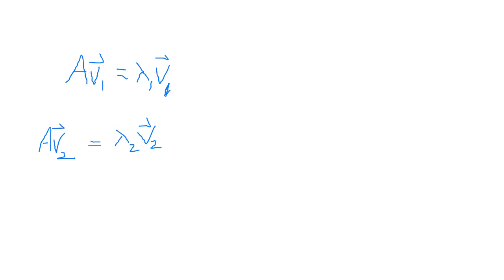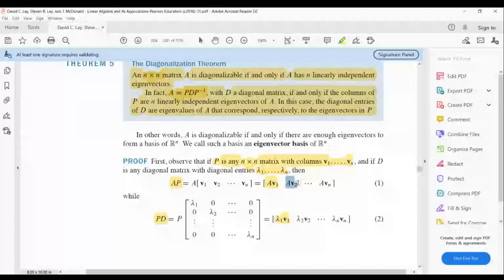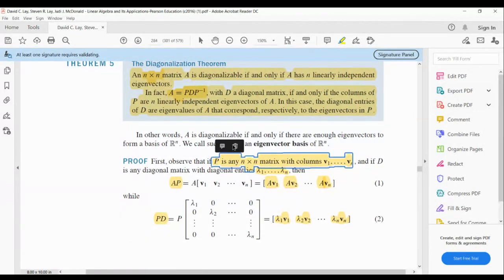So you see, if we go back to the proof, based on the matching of the columns, it's clear that the matrix P, remember, consisted of columns V1 through Vn.